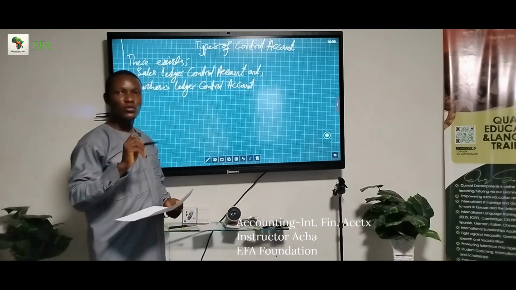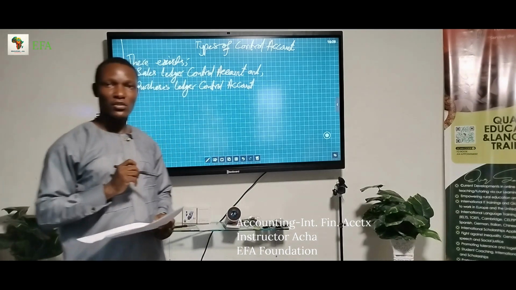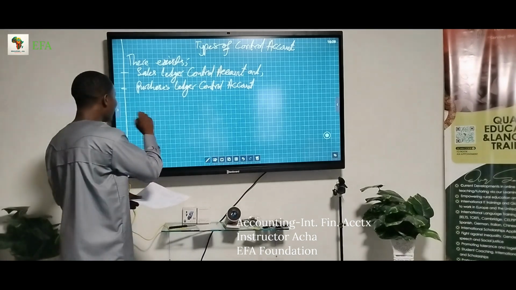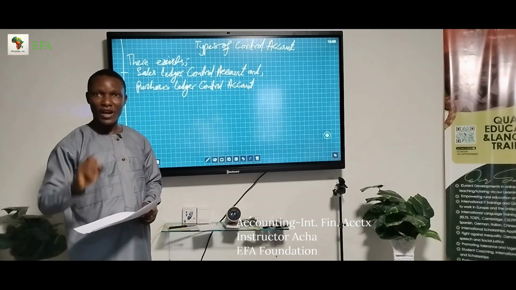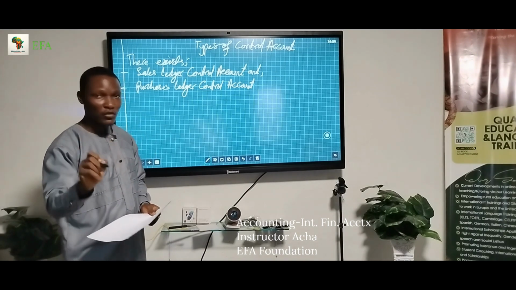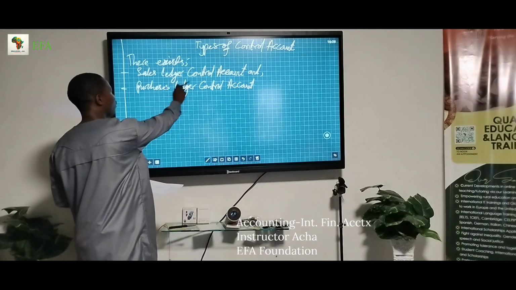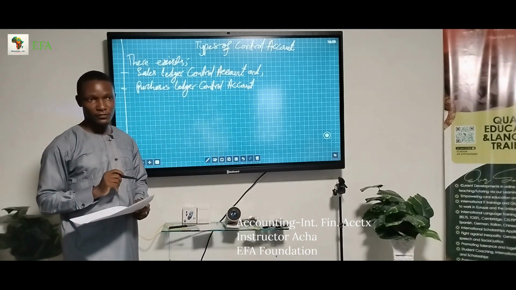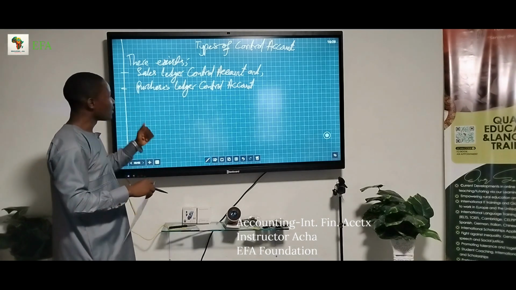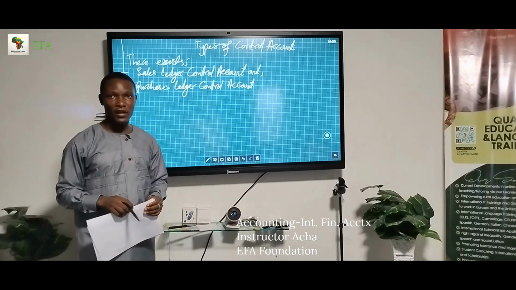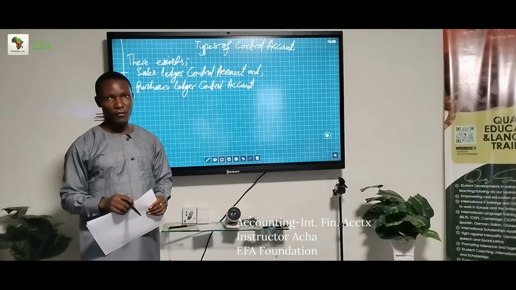Now, from these two types, who can tell us what is the sales ledger control account? What types of transactions do we record in the sales ledger control account? And what of the purchases ledger control account?